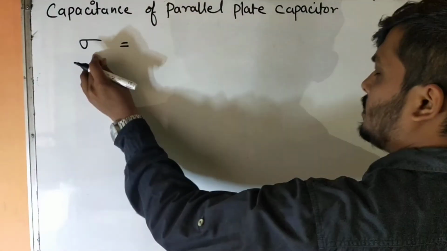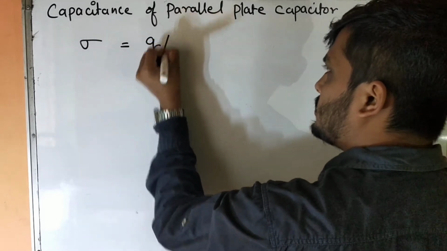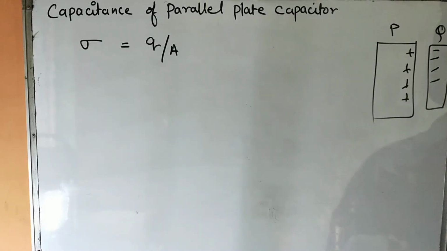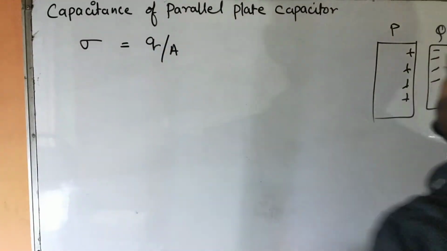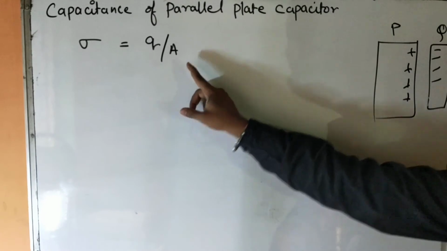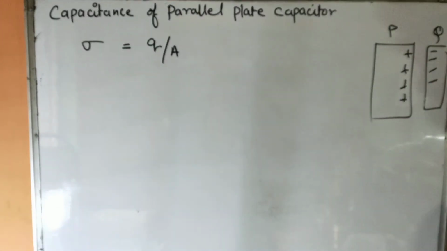In the first topic itself we have studied that surface charge density is given by Q by A. So charge accumulated over unit area will give you the surface charge density. So sigma is given by Q by A.